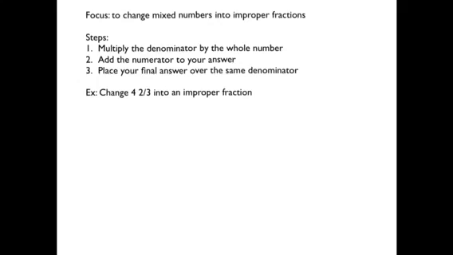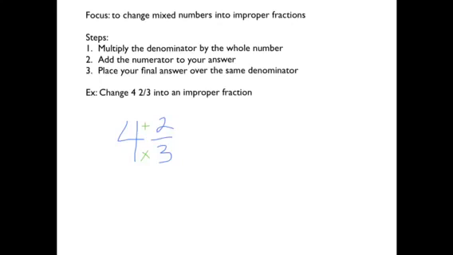Okay, the example problem that we're going to use is to change 4 2/3 into an improper fraction. So all we're going to do is take 4 2/3. Now, as we said, we're going to first multiply the denominator by the whole number. So we're going to take 3 times 4, and then add our answer to the numerator.